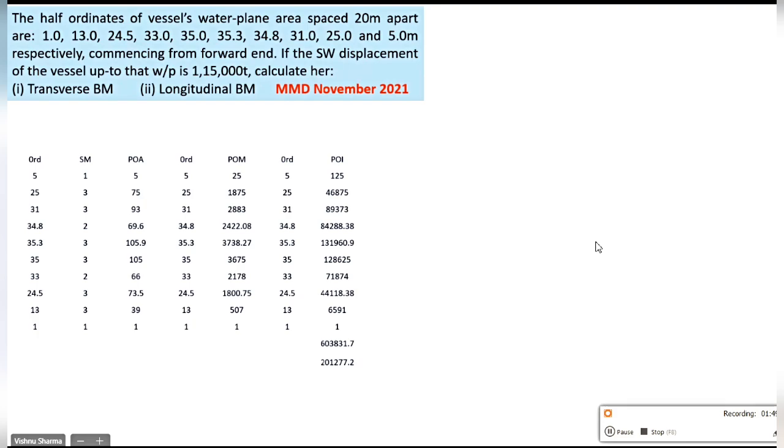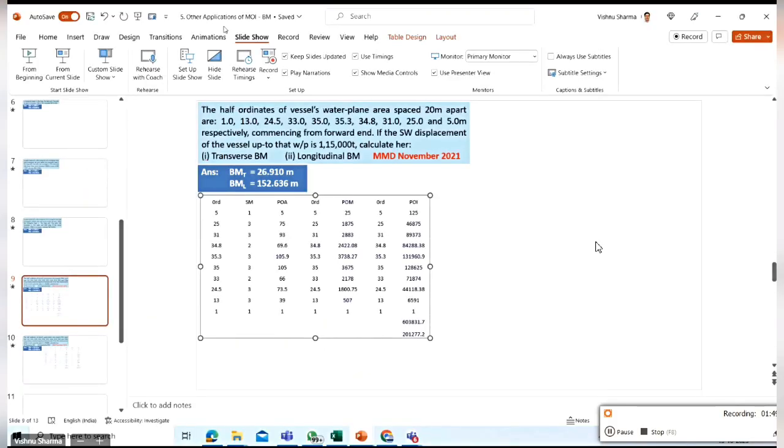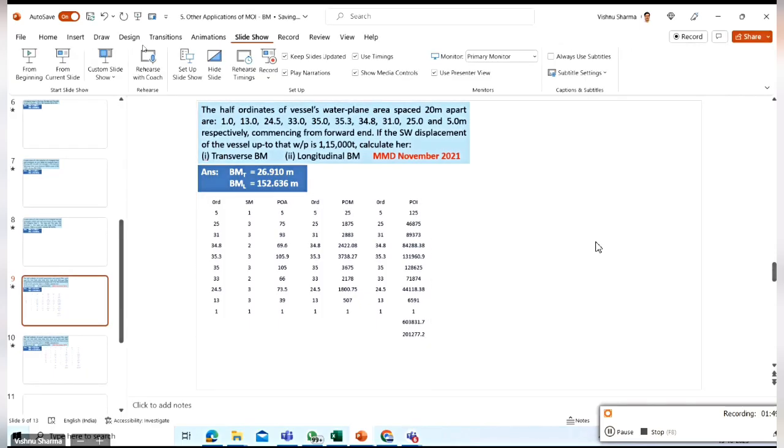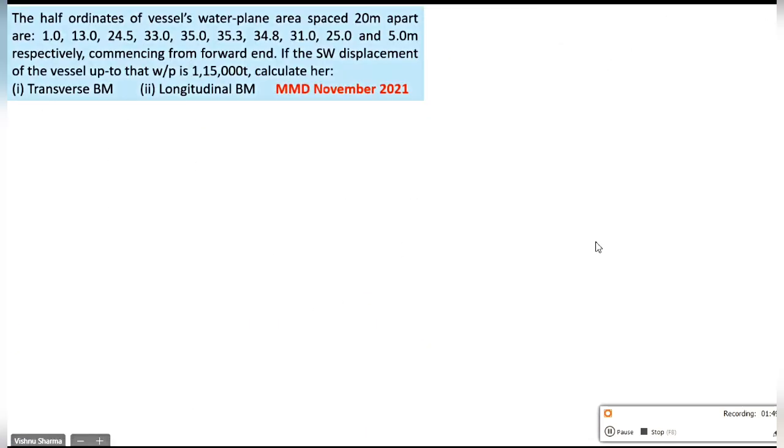Now we come to this one. Don't look at the table, let me just remove the table for a while. Okay. Now we come to BMT, BML of curvilinear shapes. MMD November 21.